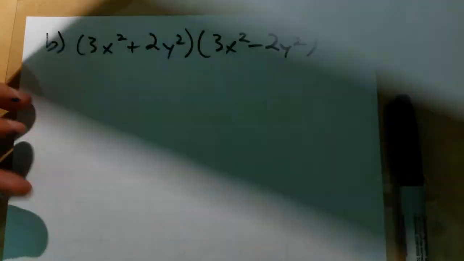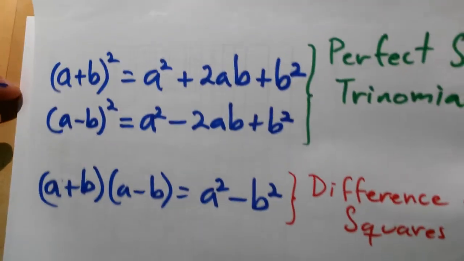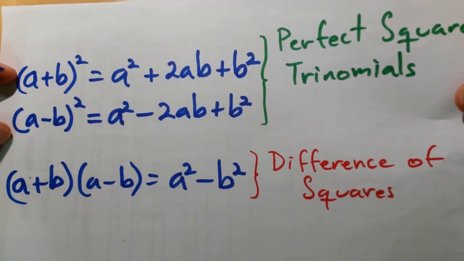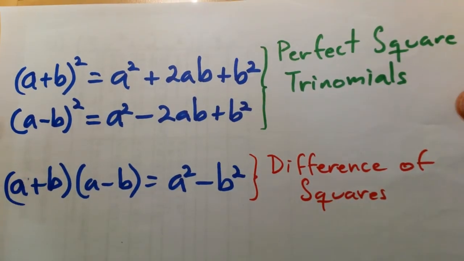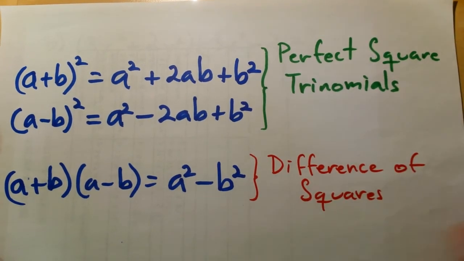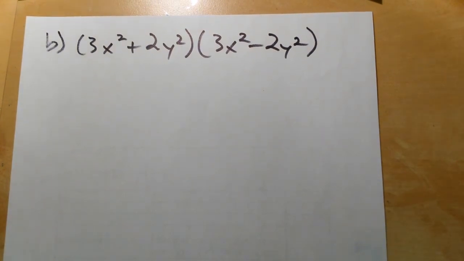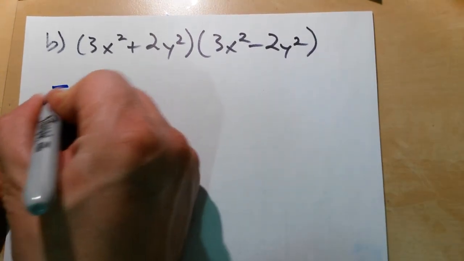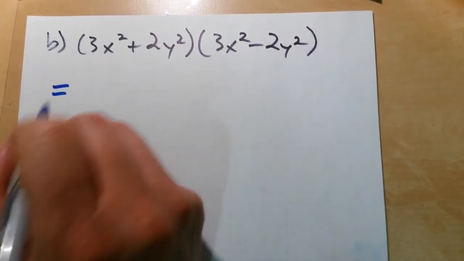If you recall, difference of squares, a squared minus b squared is equal to this pattern. So let's use that knowledge. And once again, maybe you want to pause the video, and then you play it again, and the answer to this is what?